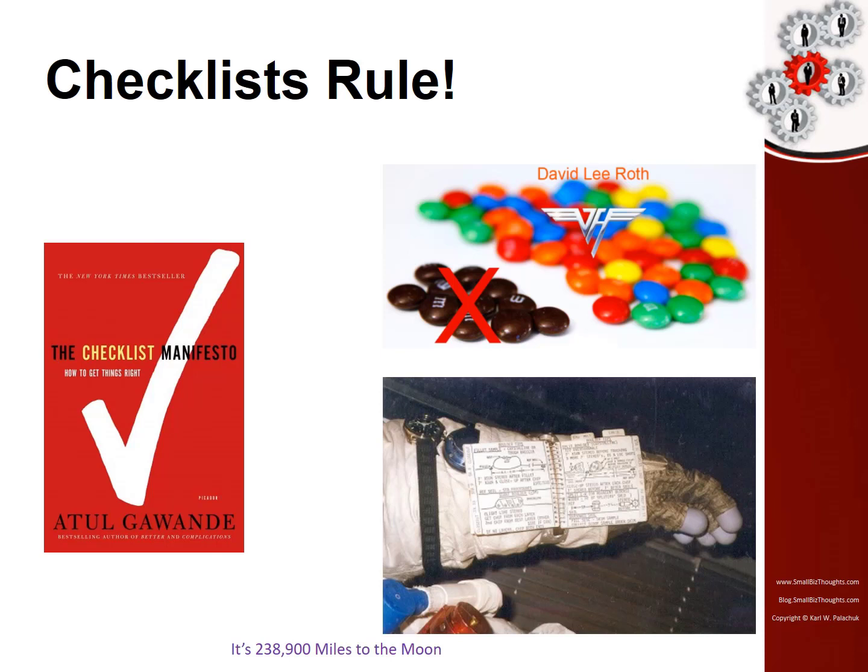And one of the stories he tells, a great story, is about David Lee Roth and Van Halen. David Lee Roth is famous for having in his contract with the venues that they played that there needed to be little bowls of M&Ms in the dressing room, in the green room, but there must be no brown M&Ms anywhere in the pile.